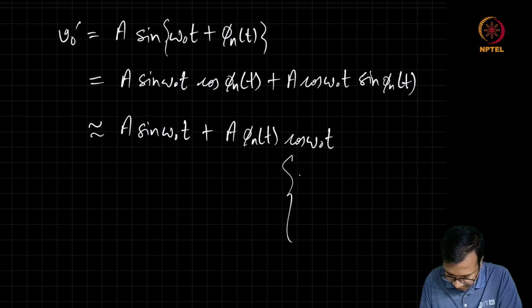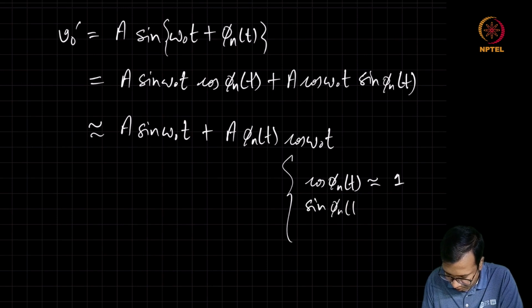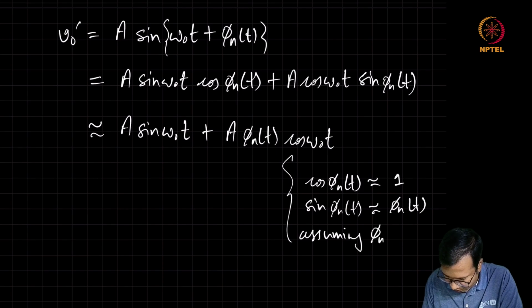Here we have assumed that cos phi n of t is approximately 1 and sin phi n of t is approximately equal to phi n of t, assuming phi n of t to be very small.